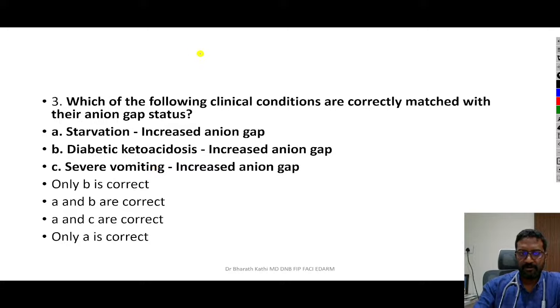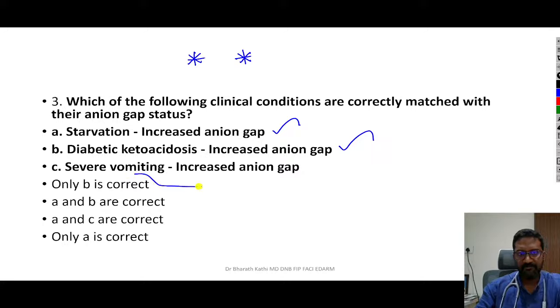This is the stock question that I generally tell you in your class to make sure you never get that confusion. See, for anion gap to increase, there should be some acid to be added. One of the reasons for acid addition in your body is ketoacidosis. It can be alcoholic ketoacidosis, diabetic ketoacidosis, or starvation ketoacidosis.